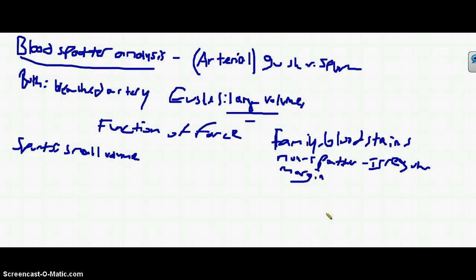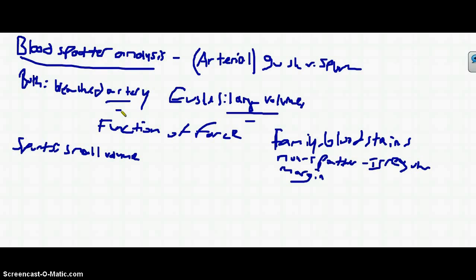Now, with these, it's already basically been covered. All that we really need to know is that it's a breached artery, hence the name arterial blood spatter stain. And with this, we can tell if an artery has been breached.